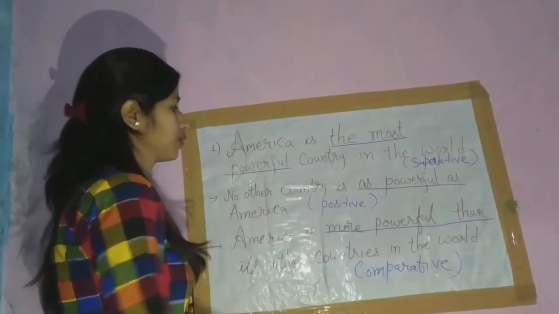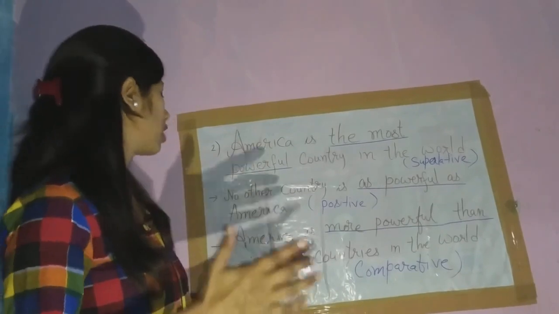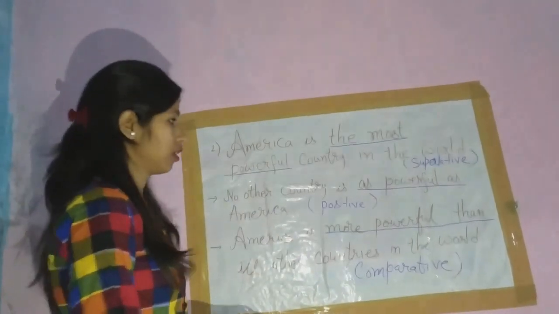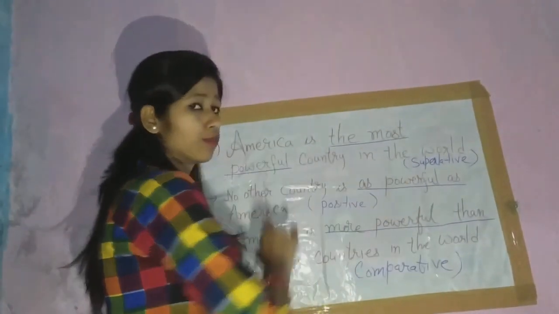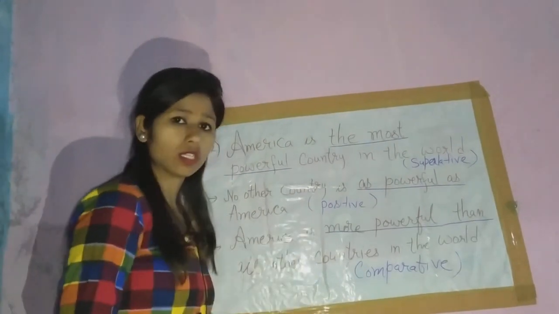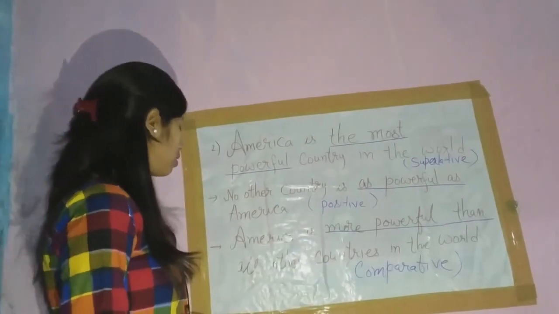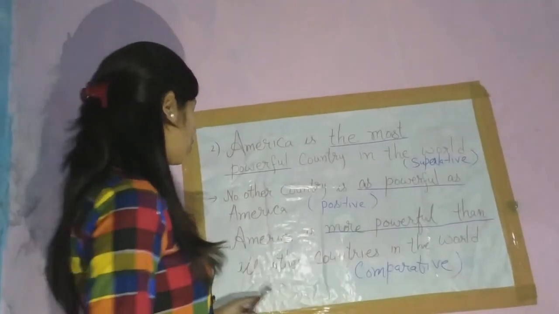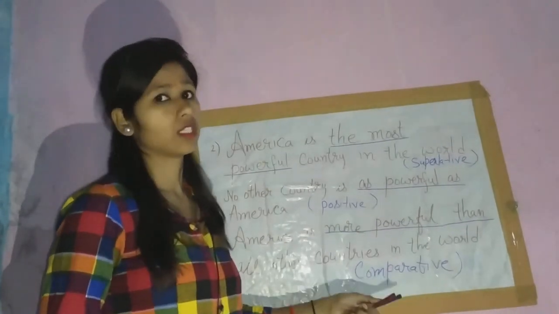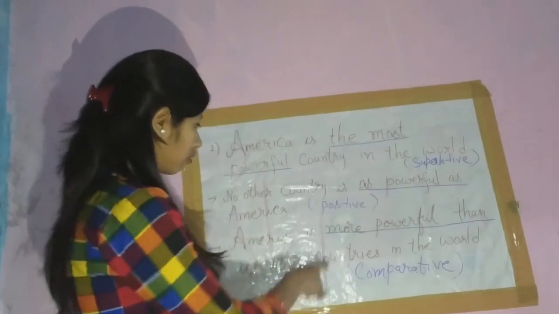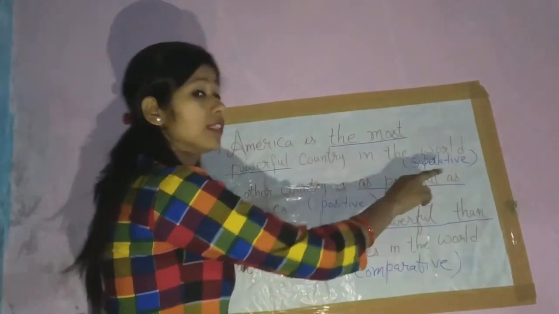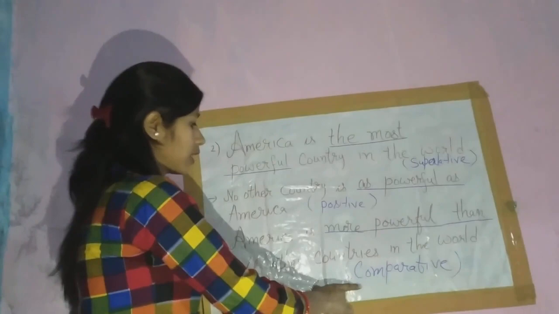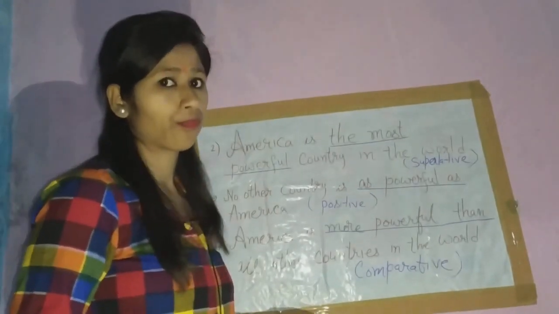No other country is as powerful as America. As powerful as means it is positive degree. And the third one is: America is more powerful than all other countries in the world. Here, more powerful than, so this one is comparative degree.